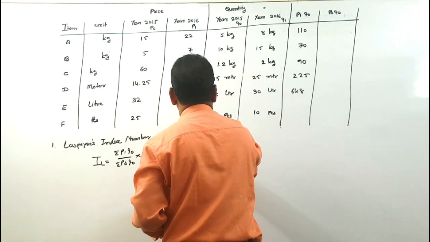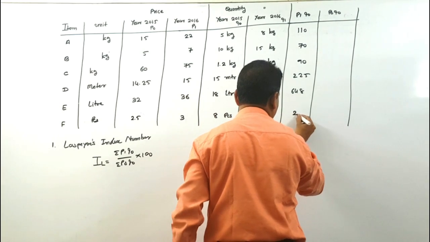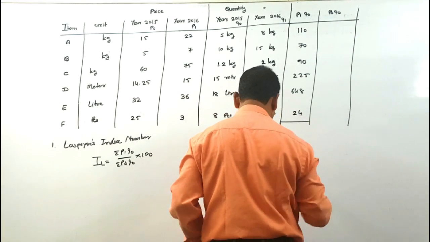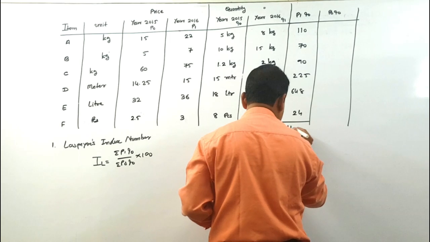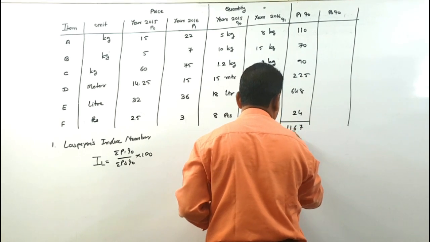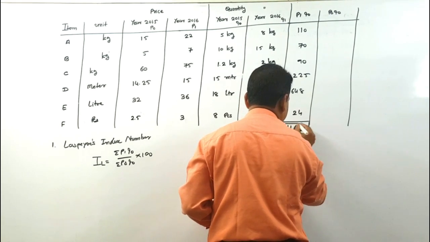And 3 into 8, it is 24. Please get the total of these columns. The total of the first column is 1167.